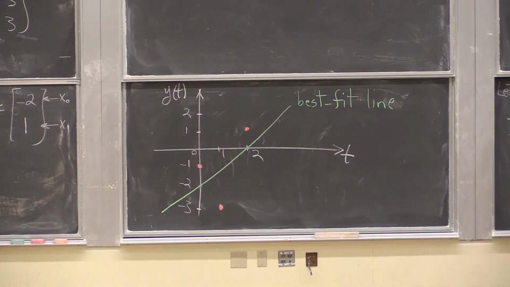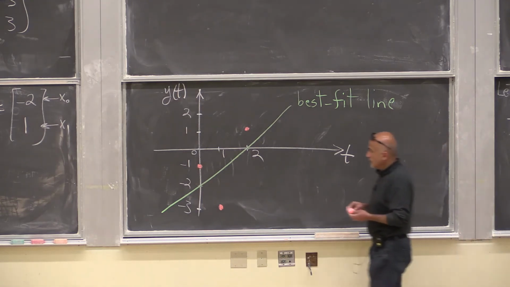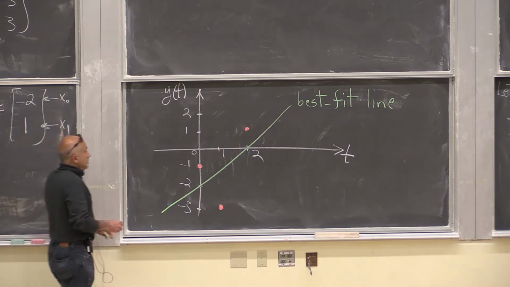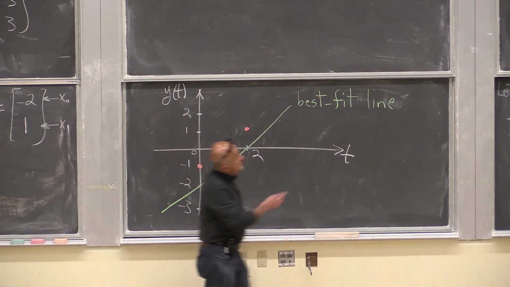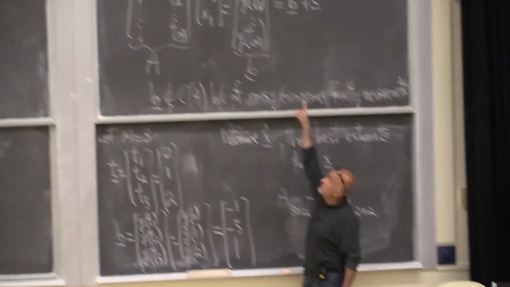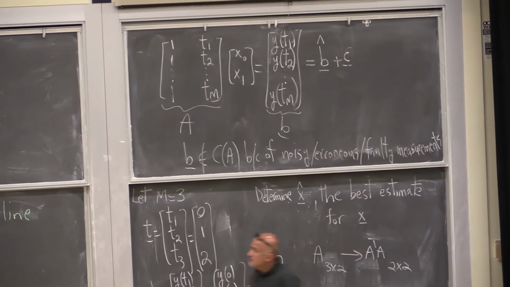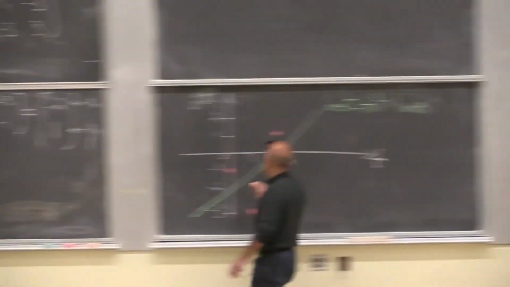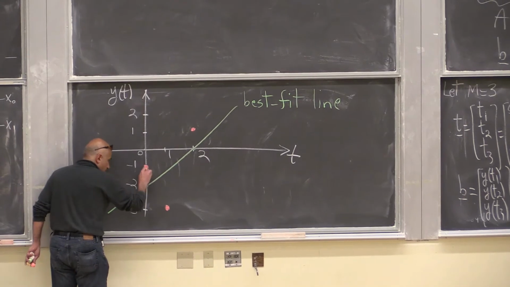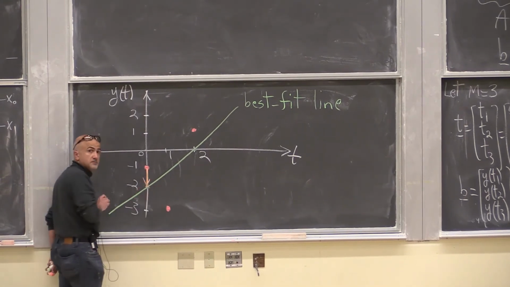Now, what are my errors? Look at what I wrote up there. The actual measurement is where the straight line goes through. So b hat is where the straight line goes through, plus some error. So the error here is the actual measurement minus the ideal model.